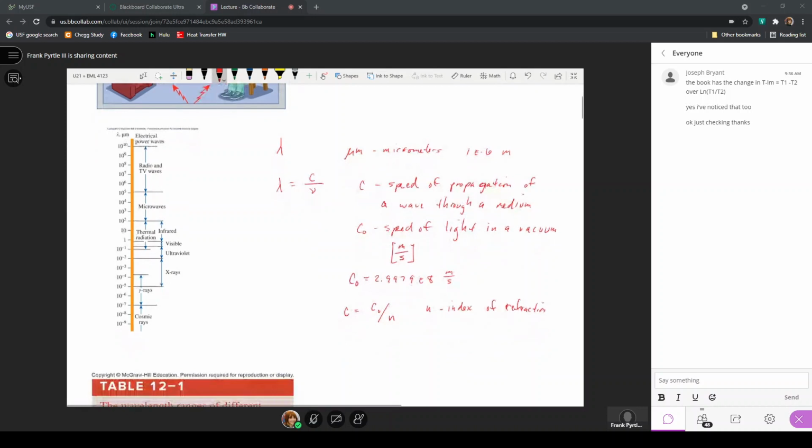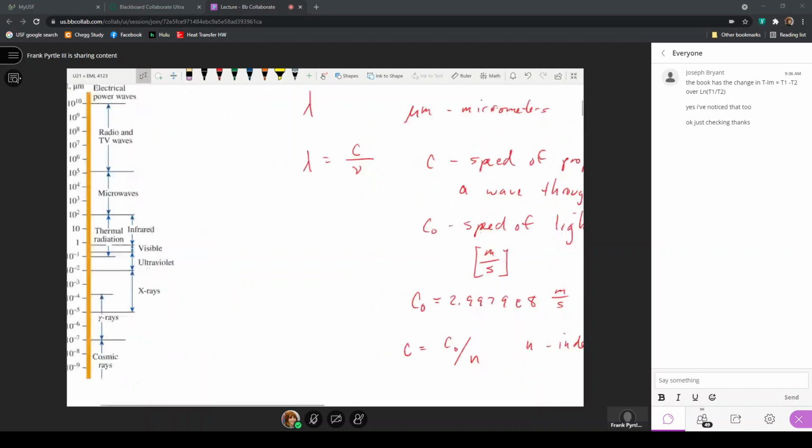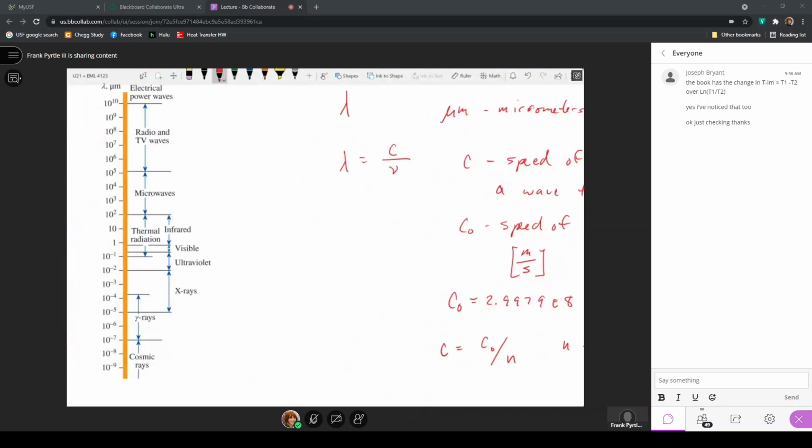But now, just zooming in on this range of wavelengths, at the top we have electrical power waves, but here more specifically radio and TV waves. These wavelengths are from 10 to the 5 to 10 to the 10 microns, so the wavelengths are very long for those types of waves.